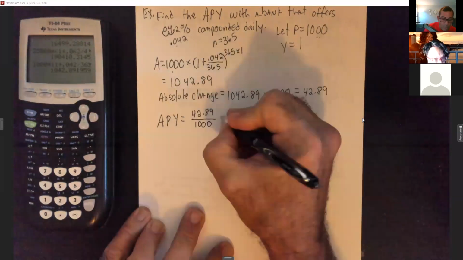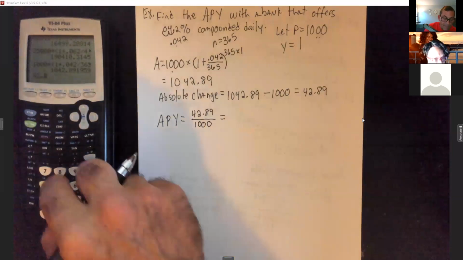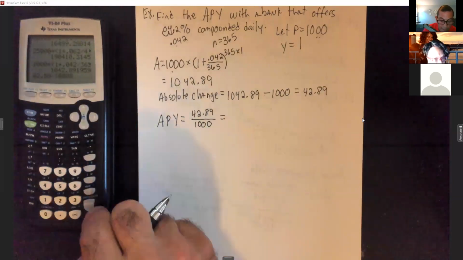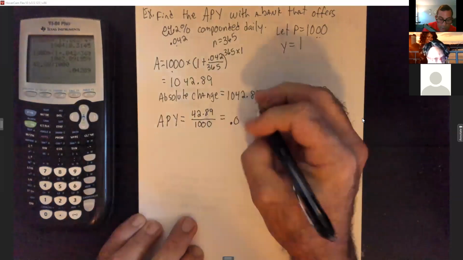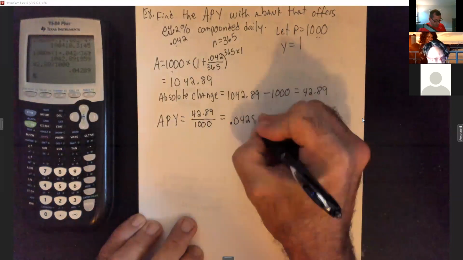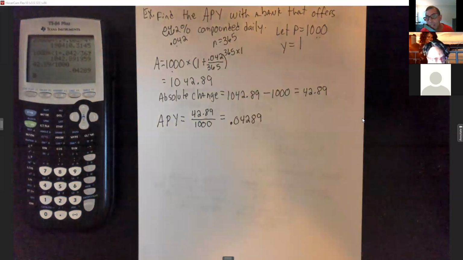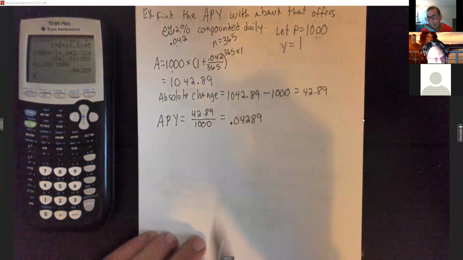All right, so let's see what 42.89 divided by 1,000 is going to give me. So y'all, I get a 0.04289. Now they want this written in percent, 2 decimal places after that decimal.